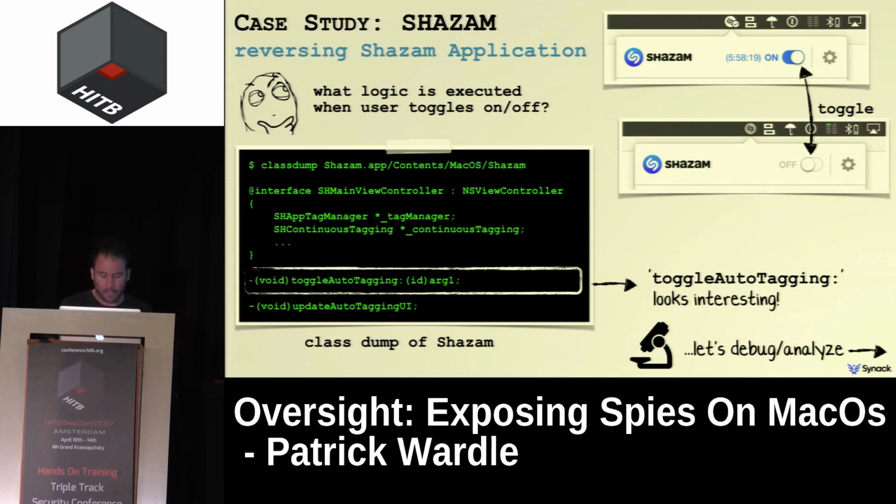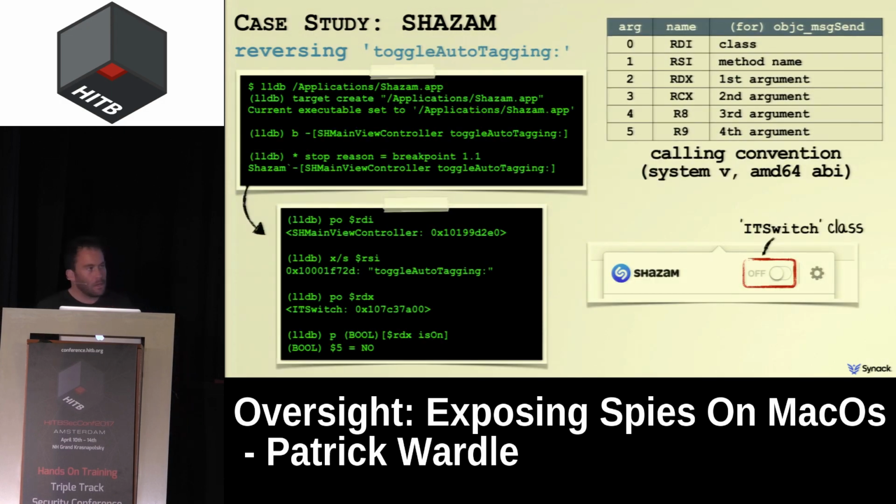So let's debug that. We launch this Shazam application, or if it's already running, you can attach to it. We use LLDB, which is the de facto Apple-approved debugger for Macs. And what we do is we set a breakpoint on this toggleAutoTagging method. Then once this is set, we go back into the UI and we toggle the switch from on to off. And it turns out this causes our breakpoint to be hit.